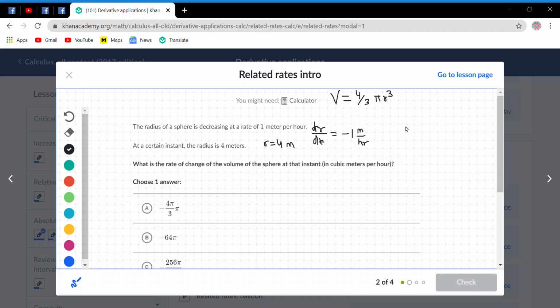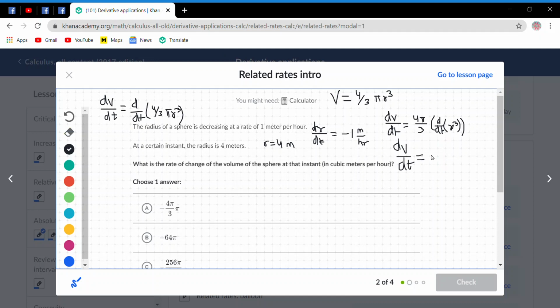So let's solve this. Let's take the derivative with respect to time on both sides. dV over dt is equal to d over dt of 4/3 pi r cubed, and we can take the constants out, so dV over dt is equal to 4 pi over 3 times d over dt of r cubed.